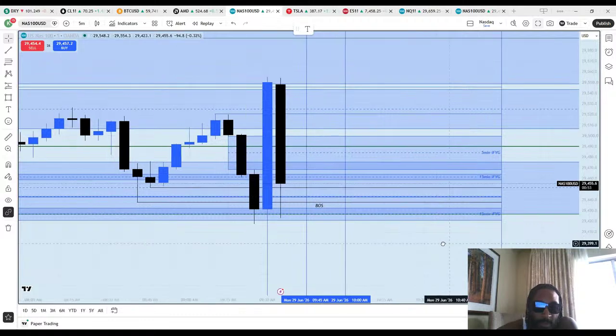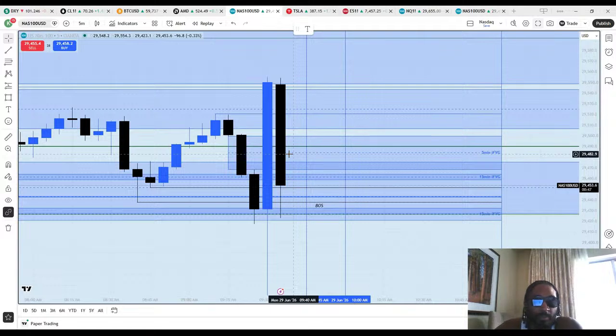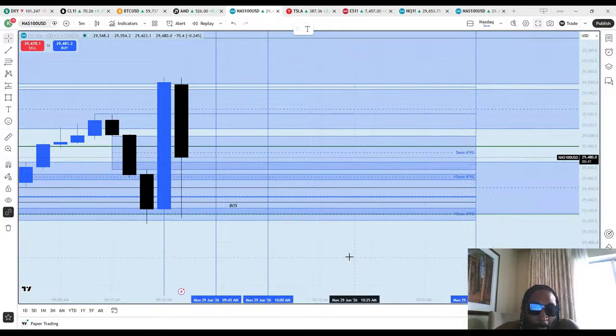All right, got 50 seconds left on this one. Like I said, for this to be respecting the bullish sentiment, let's see if we can get a body closer above this 5-minute inverse fair value gap.